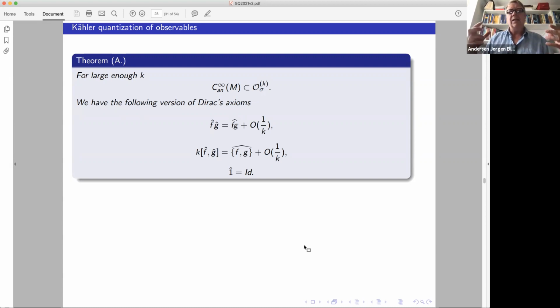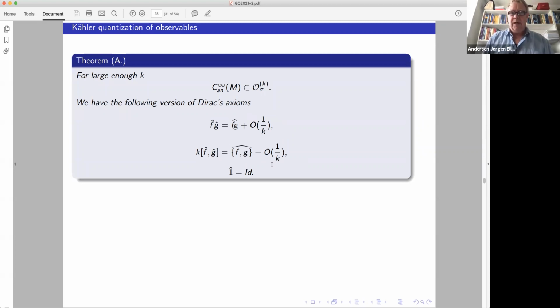So what may fail is that some smooth functions may not be quantizable, but all the real analytic ones are. And moreover, we satisfy this usual deformed version of the Dirac conditions. Well, this is not one of the Dirac conditions, but the very usual one, right? That if you compose the hats of two functions, you get the hat of the multiplication of the functions plus a correction of order 1 over k. And this one here is the deformed Dirac condition.